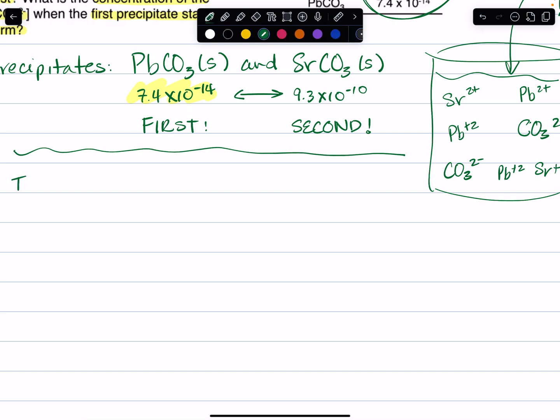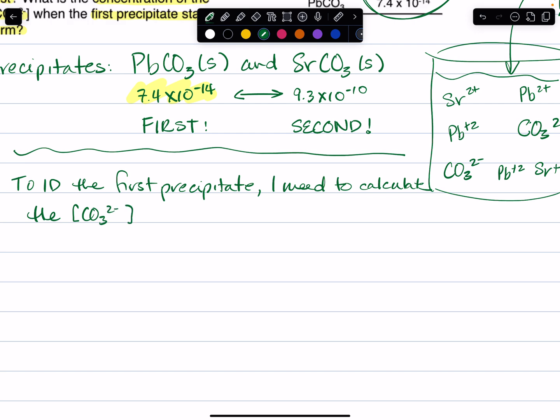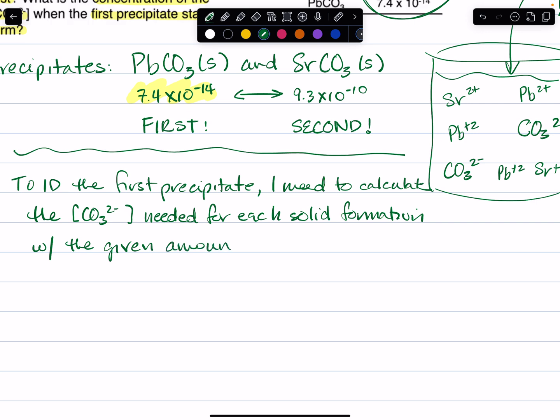So to identify the first precipitate, I need to calculate the concentration of carbonate that I need for each solid formation with the given amount of cation.